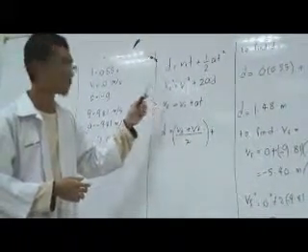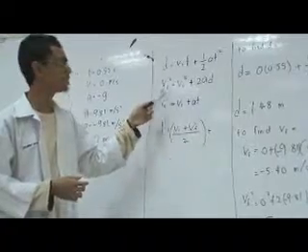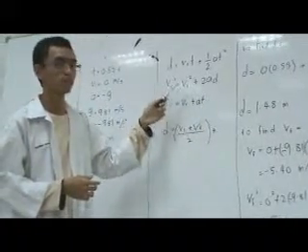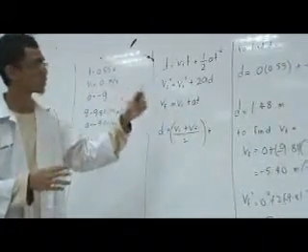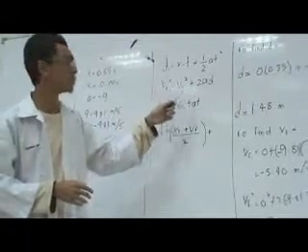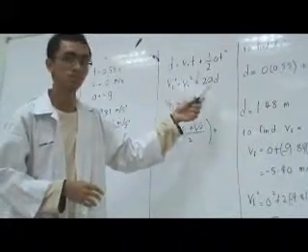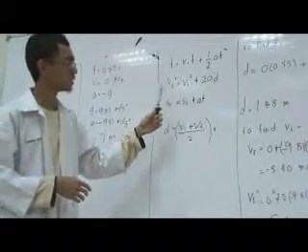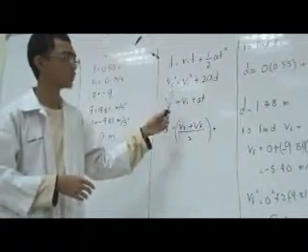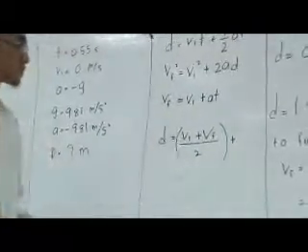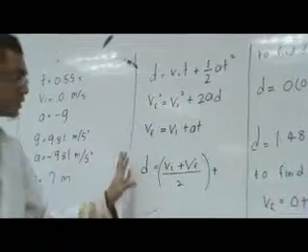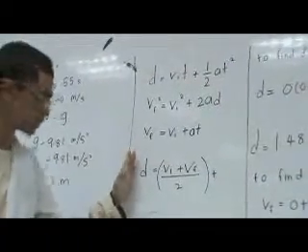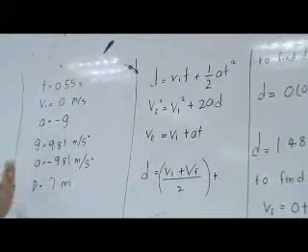The square of final velocity is equal to the square of initial velocity plus 2 times acceleration times distance. And Vf equals Vi plus At.